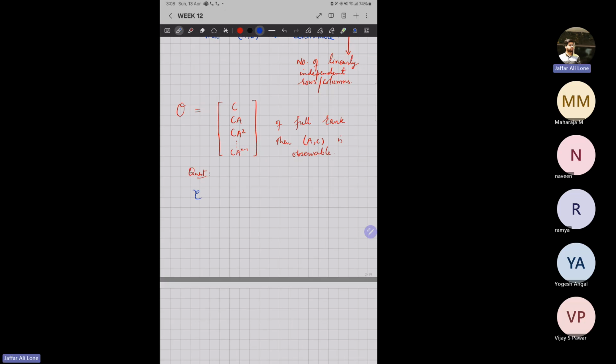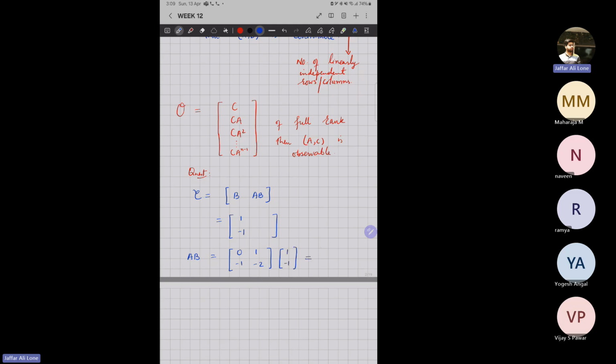We'll make our controllability matrix, which will be B and AB in our case. What's B? B is [1; -1]. What's AB? Let's calculate. My A is [0, 1; -1, -2] and my B is [1; -1].